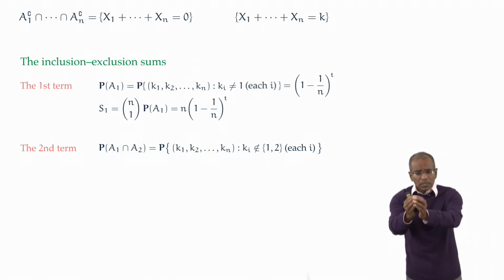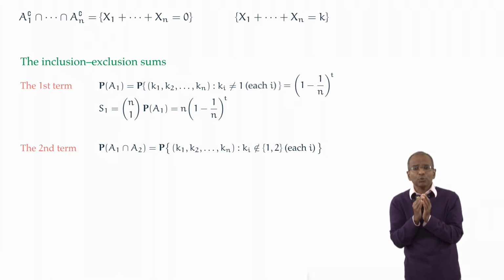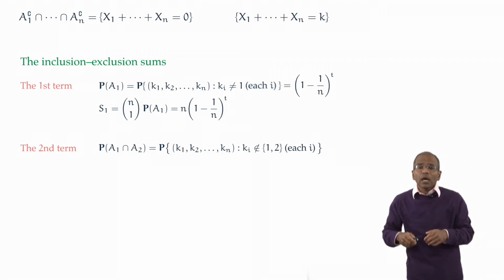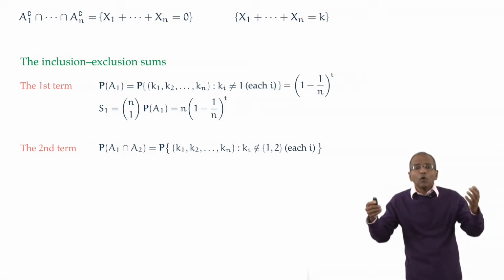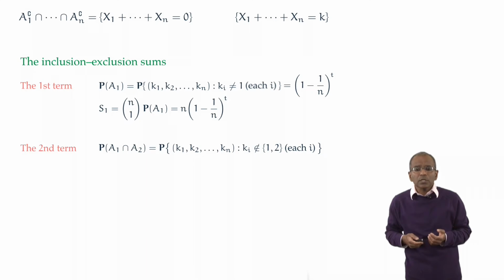Well, that means the chance of acquiring on a given purchase one or the other of these two coupons is 2 in n. The chance of not acquiring either of them is 1 minus 2 in n. And the chance of not acquiring either of them over t independent trials is 1 minus 2 over n to the power t.